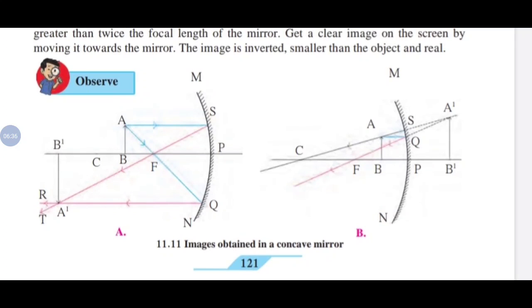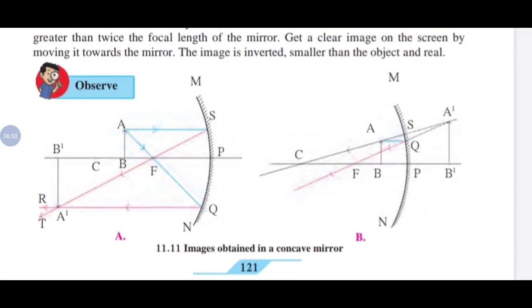And where is that image formed? After the point C, that is, beyond the center of curvature, outside the center of curvature. Compare the size of AB and A dash B dash. As compared to AB, A dash B dash is larger in size.